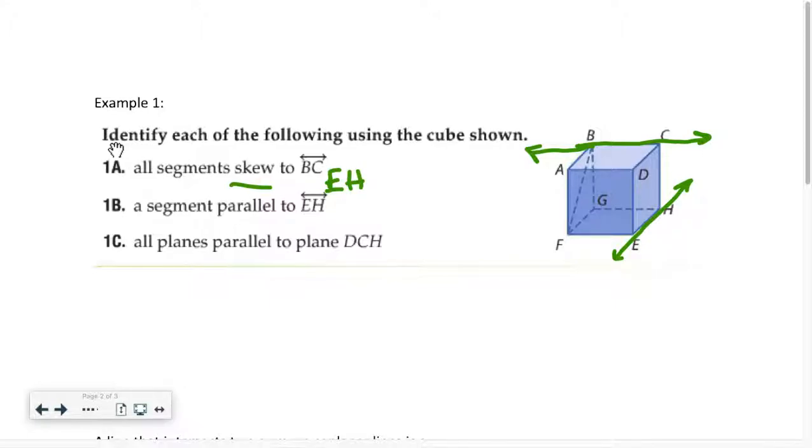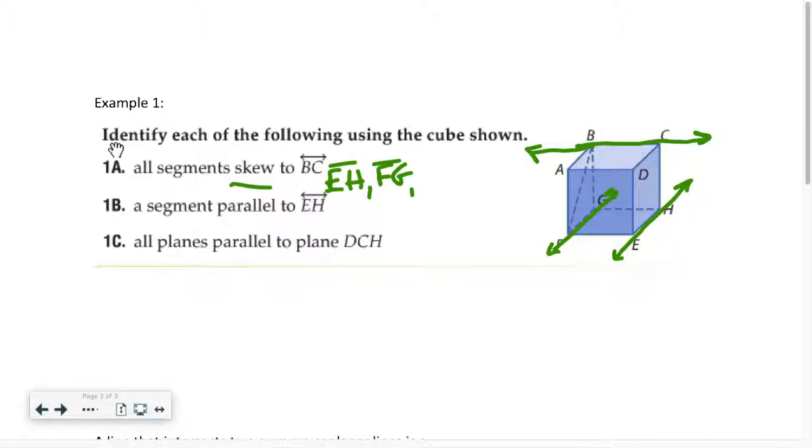EH, then opposite of that, we have this segment FG, so the line through EH, segment FG. And just think here for a second on your own, there are two more that you could identify that would be not coplanar and then non-intersecting.